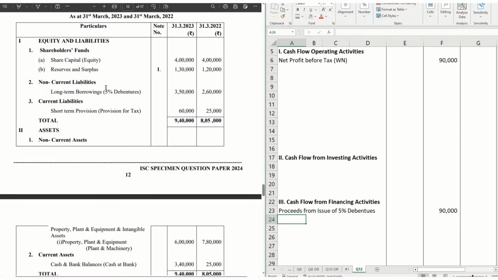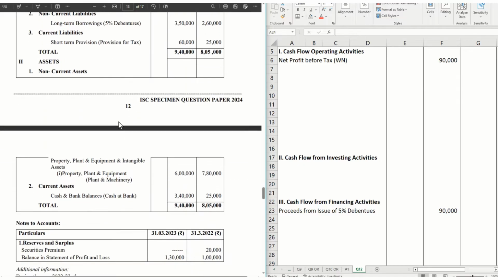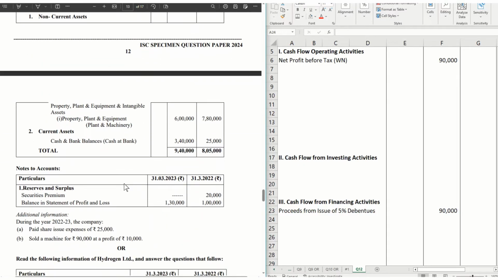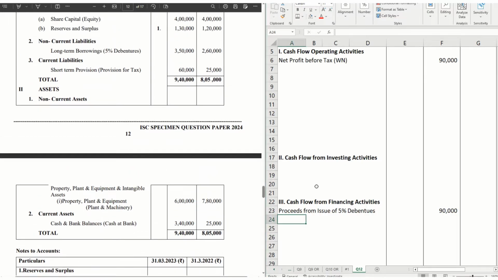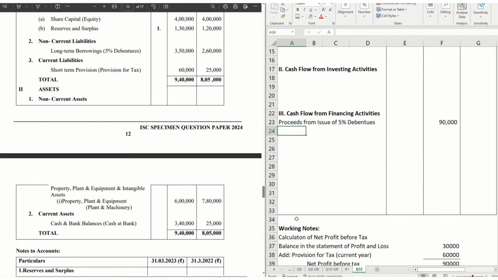Now we have the rate of interest also given, 5% debentures. We don't have any information when these debentures are issued. The date of issue is not mentioned. Now we can assume that all these debentures were issued at the beginning of the year. All right. And based on that, we calculate interest on debentures. Add a note, whatever you are assuming.